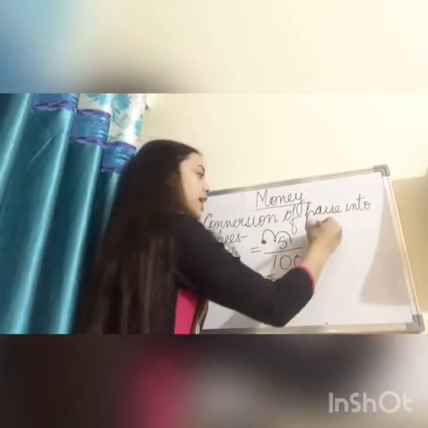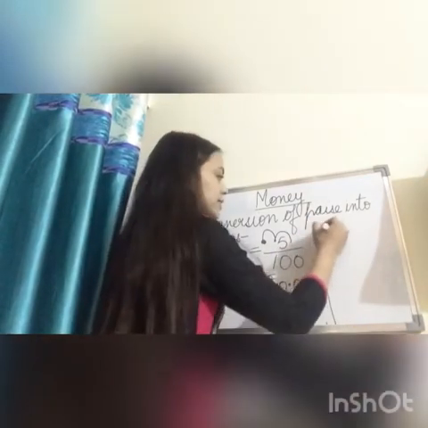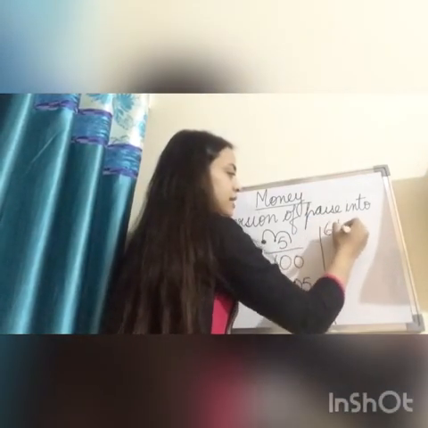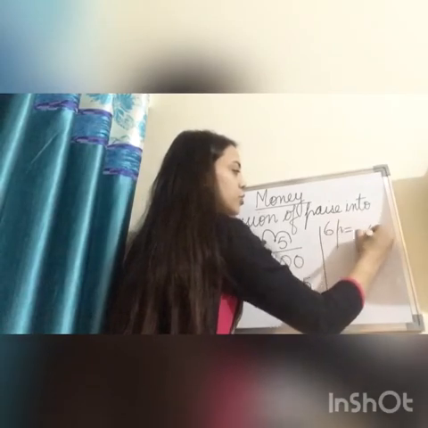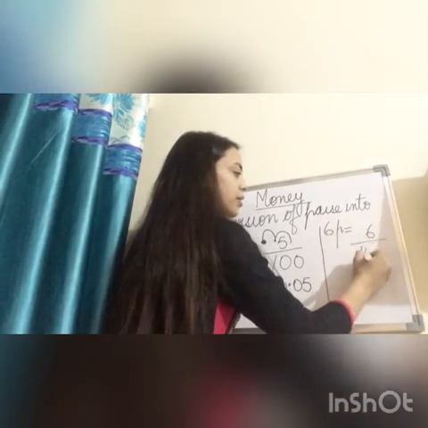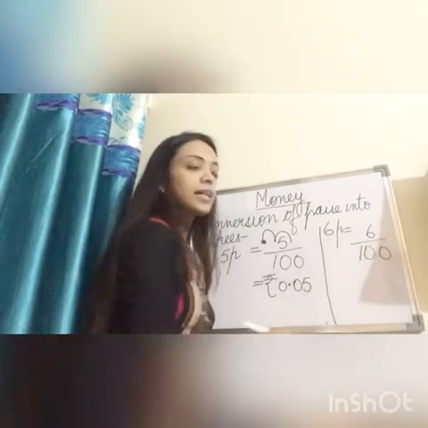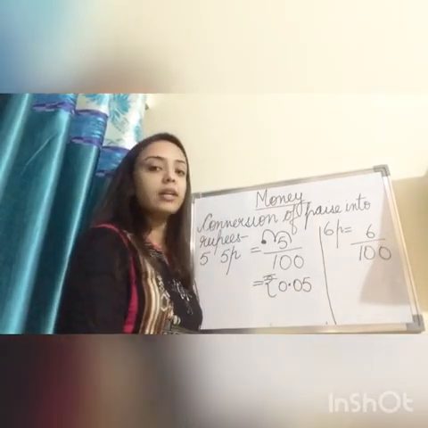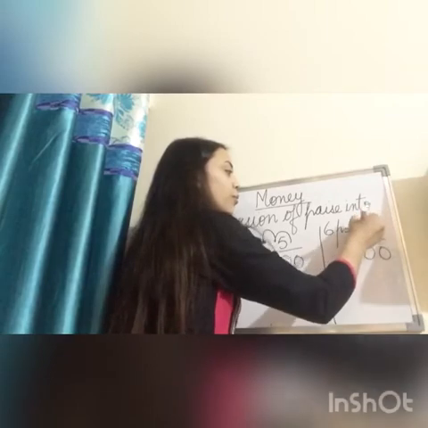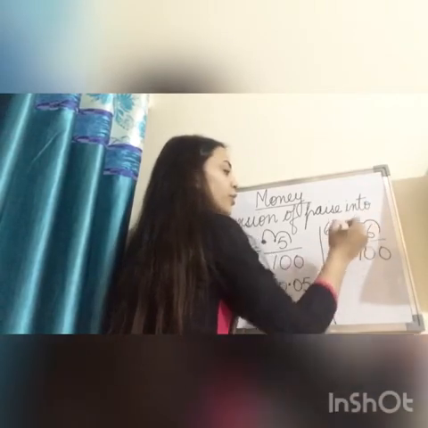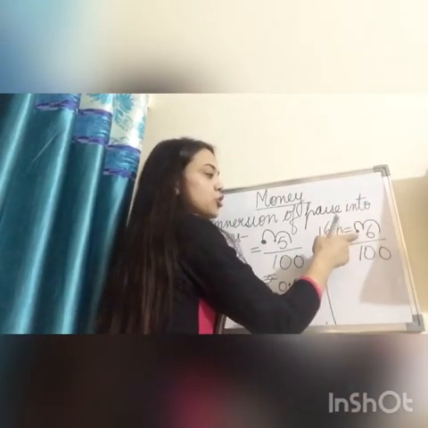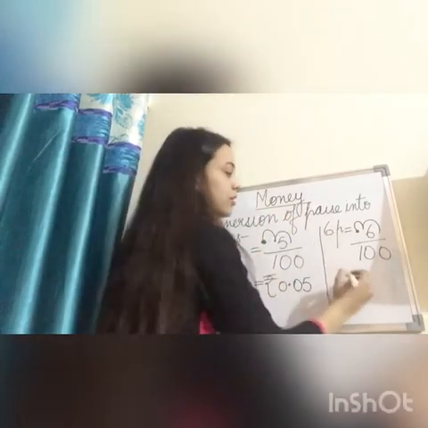I'll do it once again with another example. 6 paise is equal to 6 upon 100. Now 2 zeros are there and there is only one digit. So how do you do it? 1, 2. Wherever you have stopped, just make a darker dot.